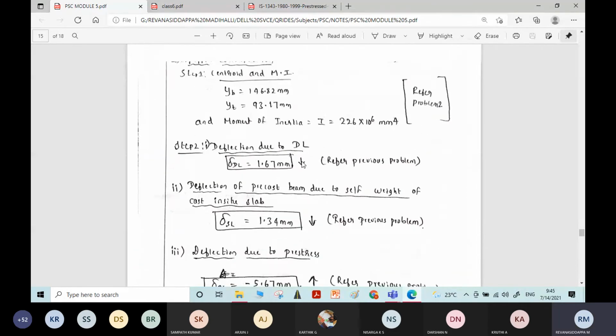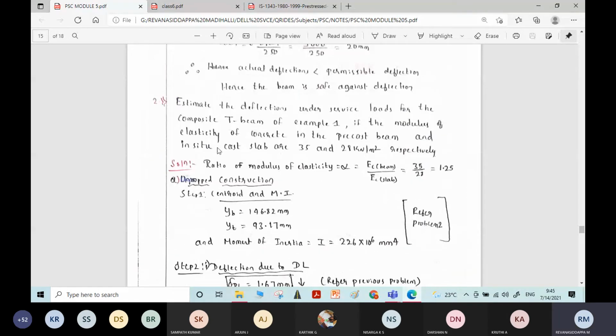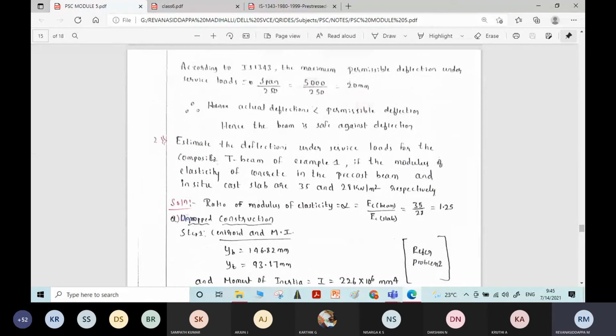See here, I will just explain the things in problem number 2. What is asked is to estimate the deflection under service loads for the composite T beam of example 1, if the modulus of elasticity of the concrete in the precast beam and in situ cast slab are 35 and 28 kilonewton per meter square respectively.